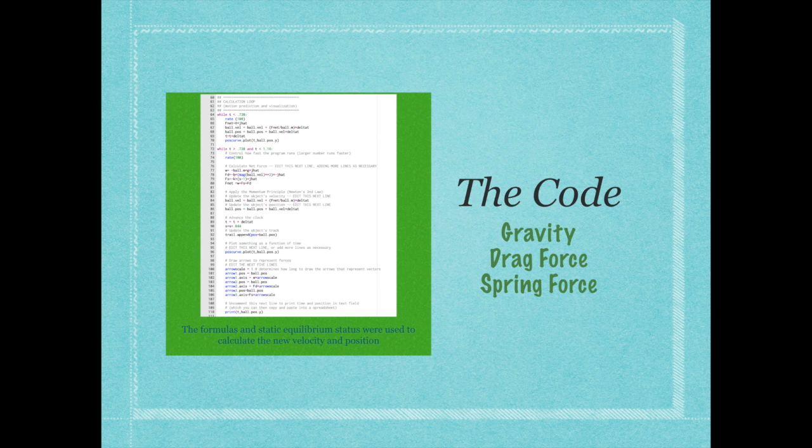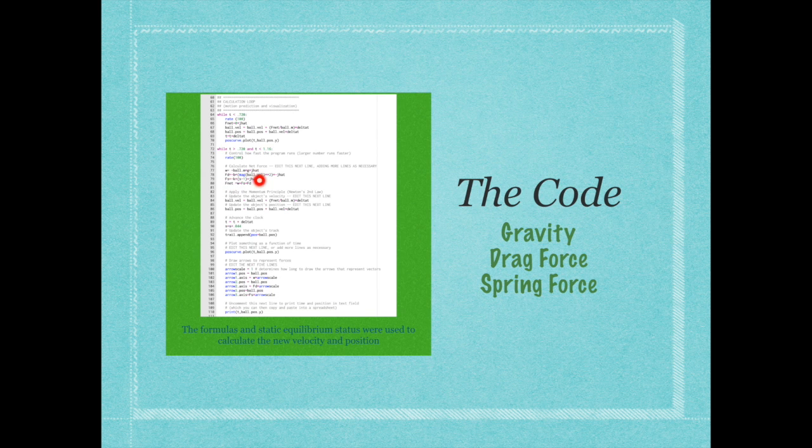Here again we just have the formulas. The first while loop is basically for when the ball has no net force acting on it, it is in static equilibrium. So the position and velocity are going to be the same each time it runs through the loop. And then for the second while loop, that's when we input the new forces.